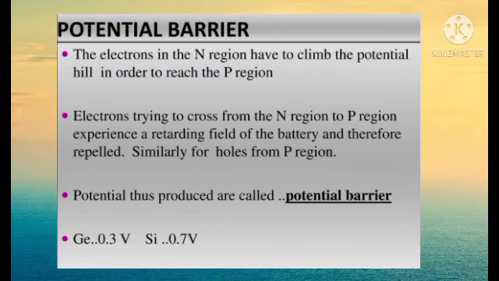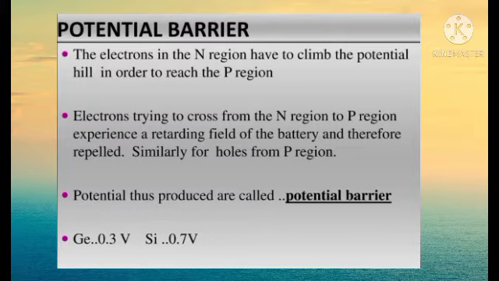Barrier potential: the electrons in N region have to climb the potential hill in order to reach the P region. Electrons trying to cross from N region to P region experience a retarding field of the battery and therefore are repelled.